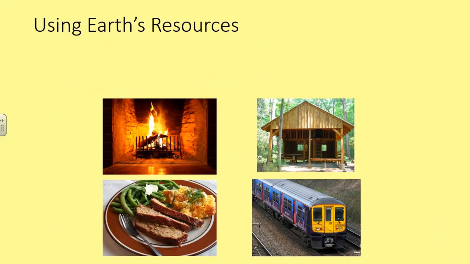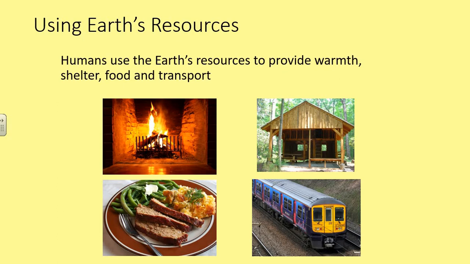So Earth's resources are used by humans all the time, specifically to provide us with warmth, so we can see fuel there. We've got wood being burnt in a fire, or it might be the gas being burnt for your boiler at home. We use resources for shelter, so you can see a structure there in the woods, but equally your house, so the wood and the bricks and the steel and so on that go into building.